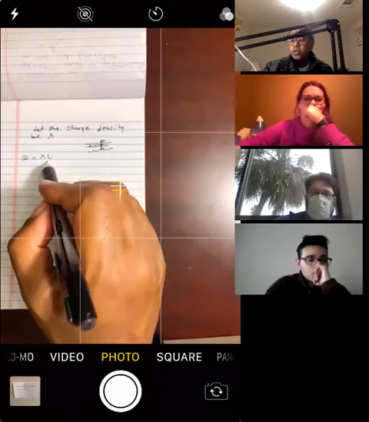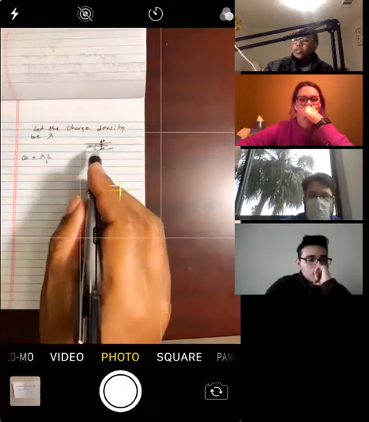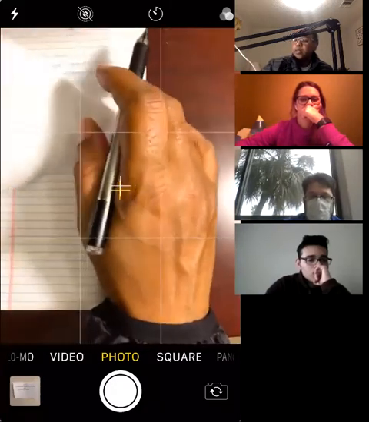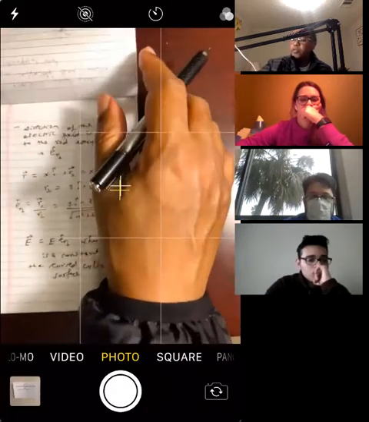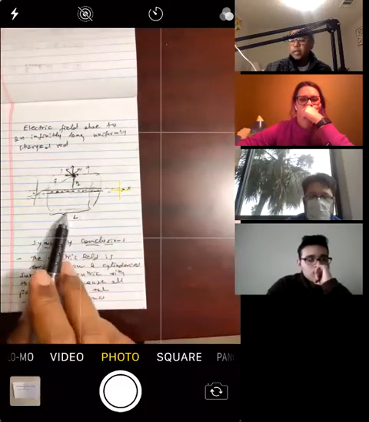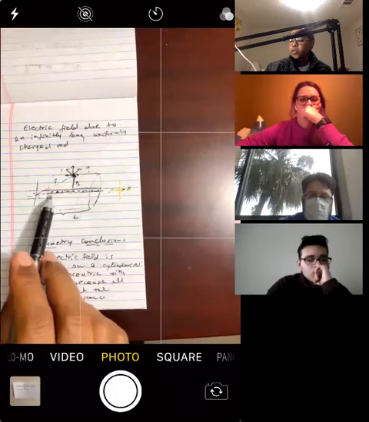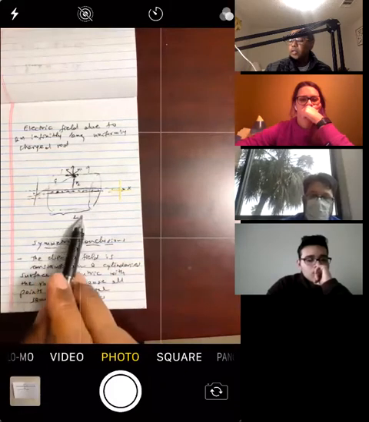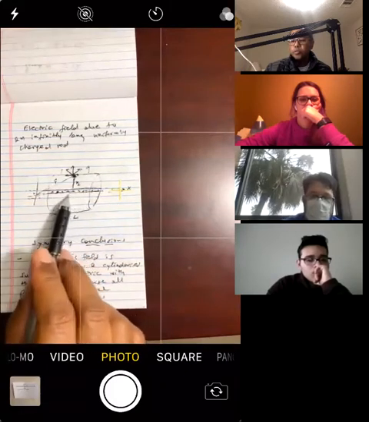You see, this is my Gaussian surface, so the charge inside is the charge of length L. The total charge enclosed is this length L times the charge density of the rod. Do you see that?